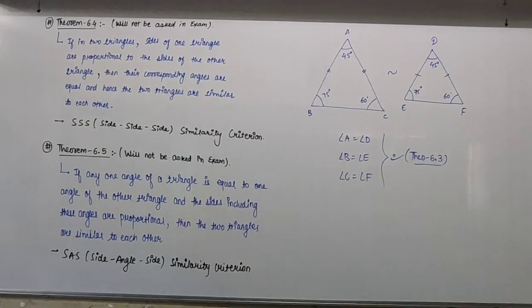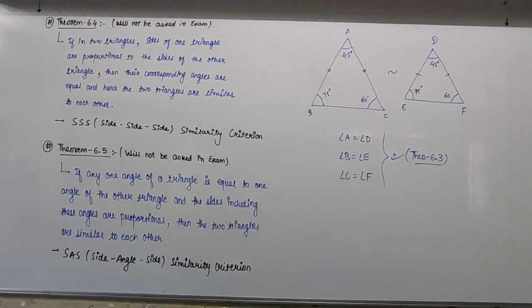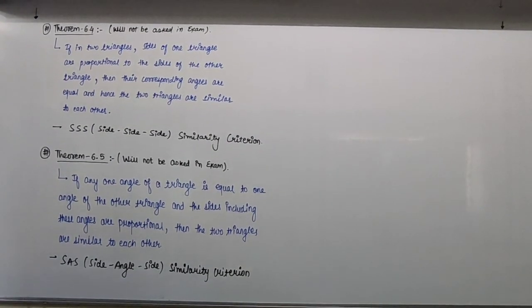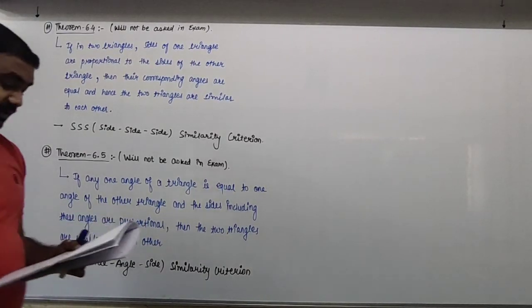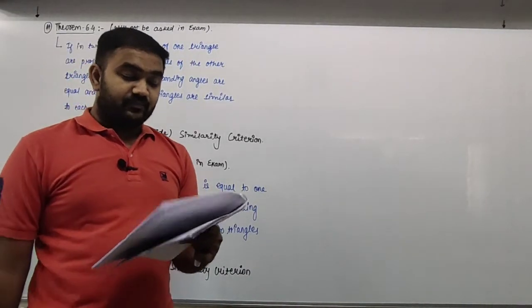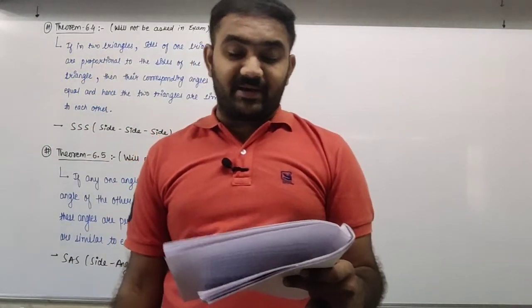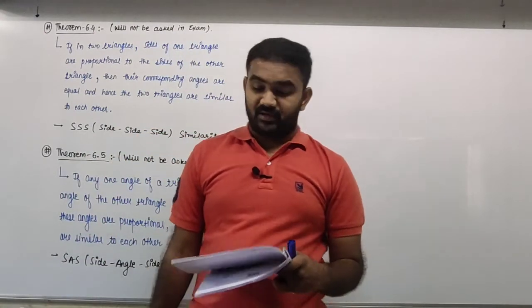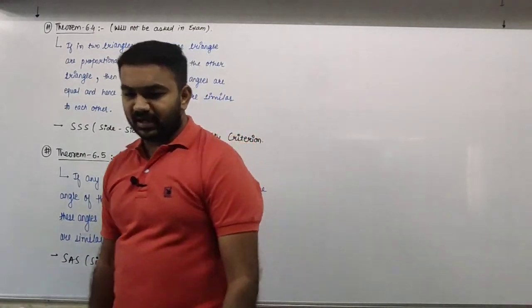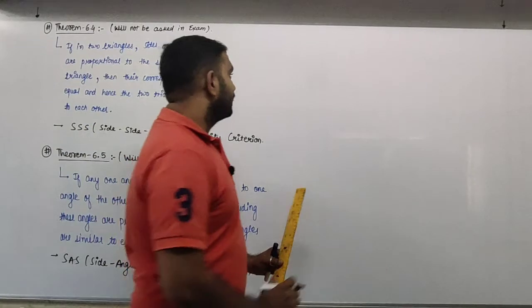Example number 4. Now moving on to example number 4. In the figure, if PQ is parallel to RS, then prove that triangle POQ is similar to triangle SOR. The figure is given, right?